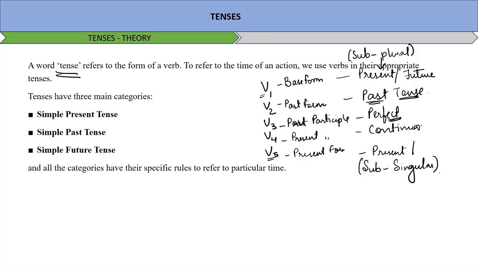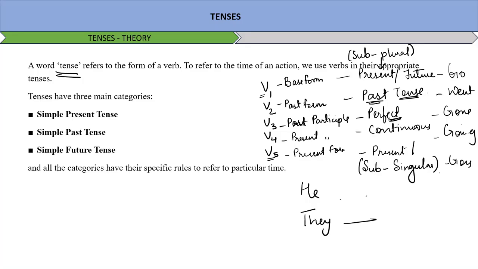If I give you a quick example here, go, went, gone, going, goes. So first of all, if I say he and they, he goes, they go. So here goes is V5 and go is V1. They went.